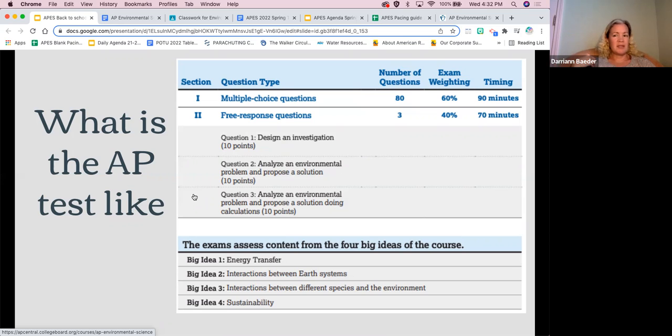Not every unit is given the same weight, and so if you bomb a test early on, it's not necessarily going to stay as a part of your grade if you really show growth and initiative in terms of improving your study skills and what you're doing. There's always an option for replacing grades, whether it's a retake or project or something like that.